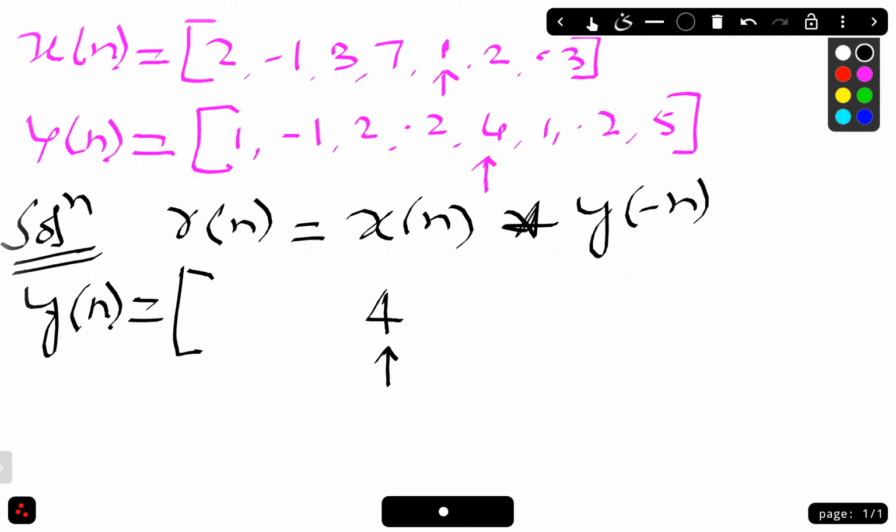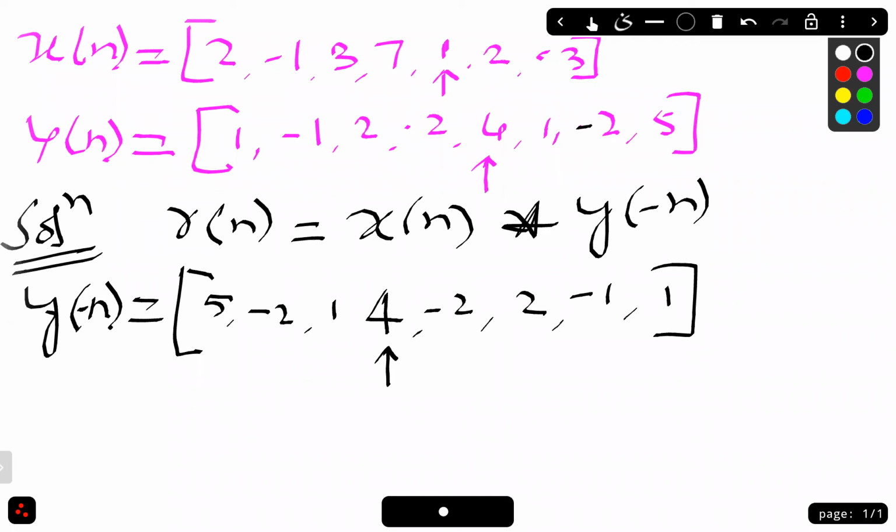Then it is 5, minus 2, 1, then minus 2, 2, minus 1, 1. So this is the sequence which we have written. Understood how I have written y of minus n? This is our y of minus n.